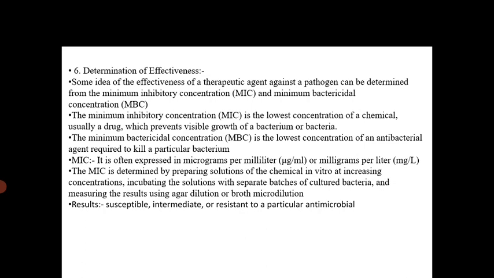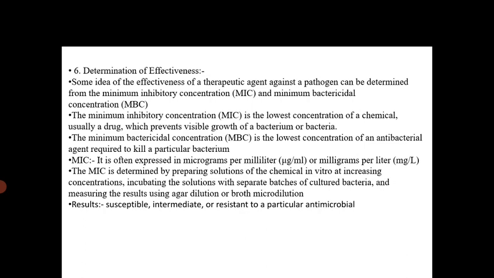Next, sixth parameter. It is determination of effectiveness. Now, some idea of the effectiveness of a therapeutic agent against a pathogen can be determined from the minimal inhibitory concentration, MIC. We'll look at it in detail later.